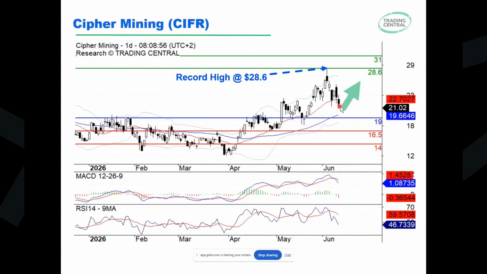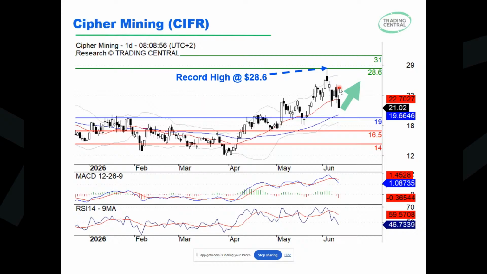I can say for AI, the data center is core infrastructure. You can see now data centers are being built everywhere across the US. Have a look at this one, Cipher, and it is quite volatile. It is quite volatile because it is also involved in what?